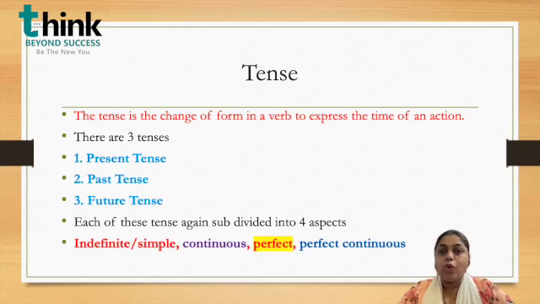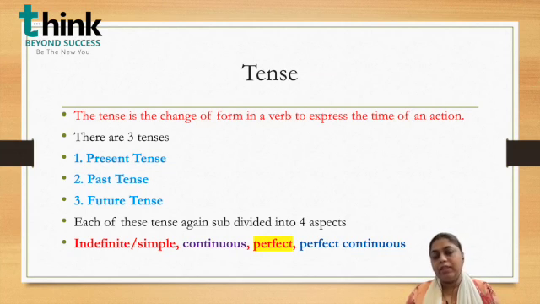Tenses are the change of form in a verb to express the time of an action. The subject in a sentence remains the same, and the object remains the same.